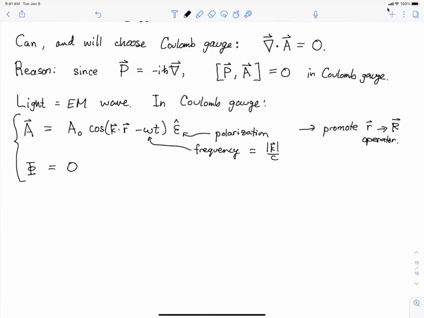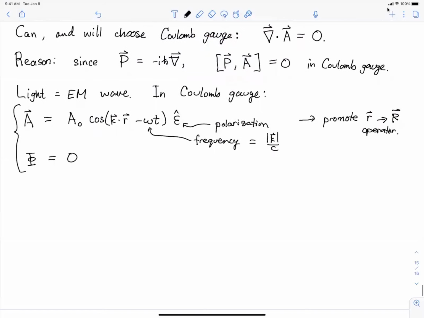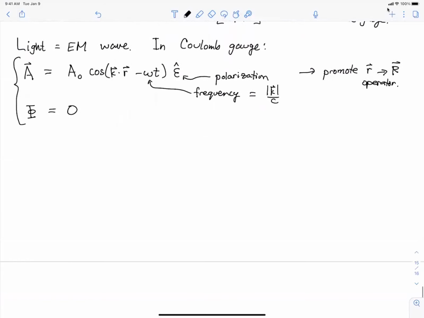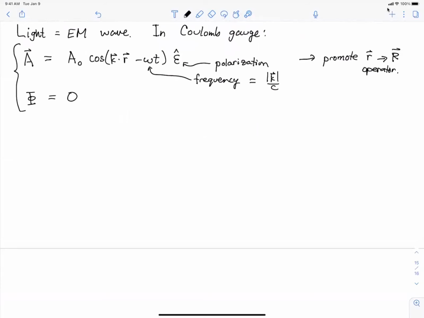So my vector potential, we were thinking about it classically, but now we're going to promote it to an operator. But it's an operator that's fixed in terms of the position of the electron that it encounters. Okay, so now we can go ahead and take those and compute the electric and magnetic fields you get from that.